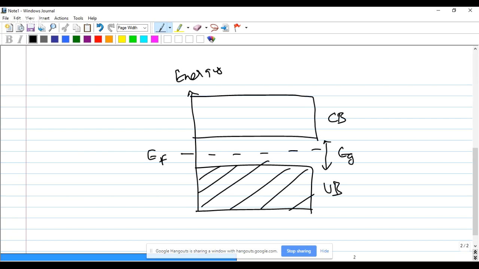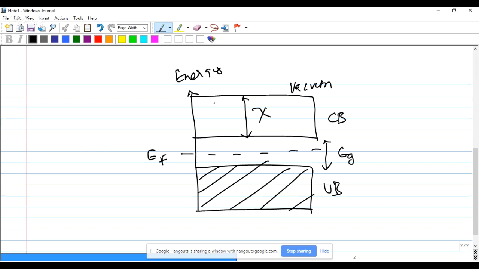The top of the conduction band is called the vacuum level, because we say that beyond that, the electron can primarily go out of the solid and is free to move. In this scenario, we define electron affinity as the distance from the bottom of the conduction band to the vacuum level. We call it chi, and chi is the energy to remove a single electron from the particular material.